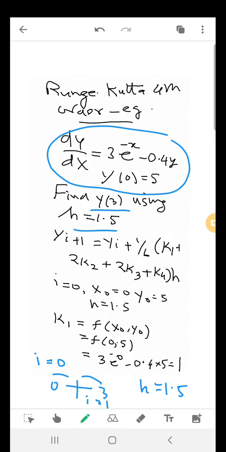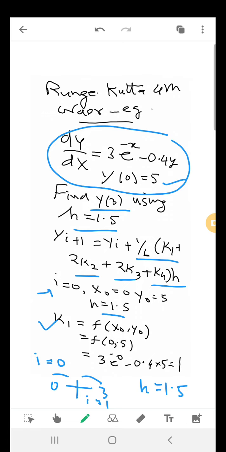the second iteration. So we are using the Runge's method. You can see that is 1 by 6 (k1 plus 2k2 plus 2k3 plus k4) into h, and for the first iteration we have taken the values as x0 is equal to 0, that is the origin, because we have been given this boundary condition, and we are starting with the step size h is equal to 1.5. So now we have to find out the values of the coefficients.